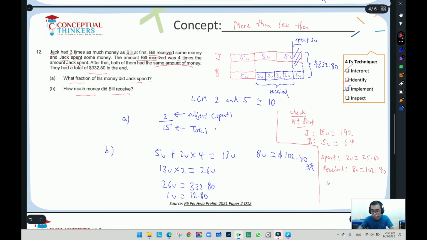So what I'm going to do is take Jack at first plus Bill at first, minus away what Jet spent plus what Bill received. So you notice that I'm going to get $332.80. So you notice that this actually matches, right? It matches the question. So with this, I know that my answer actually makes sense.